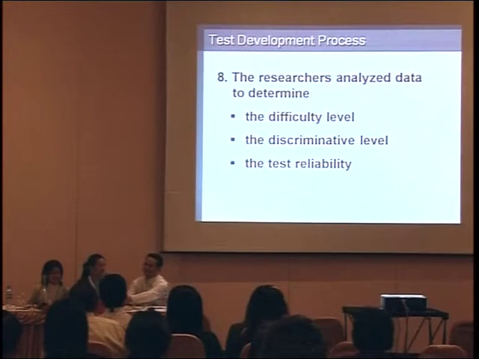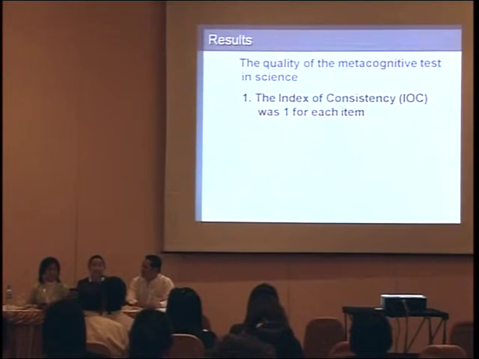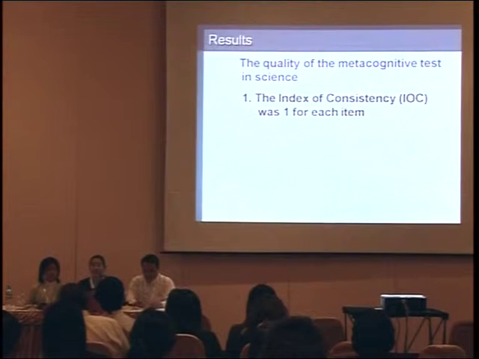Thank you very much, Dr. Wasan. And now, I'd like to summarize the quality of the metacognitive test in science. Number 1, when we consider the index of consistency or IOC, every expert agrees that the developed test aligns with the metacognition definition.